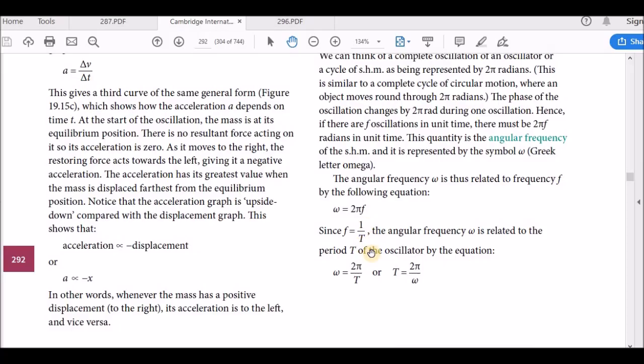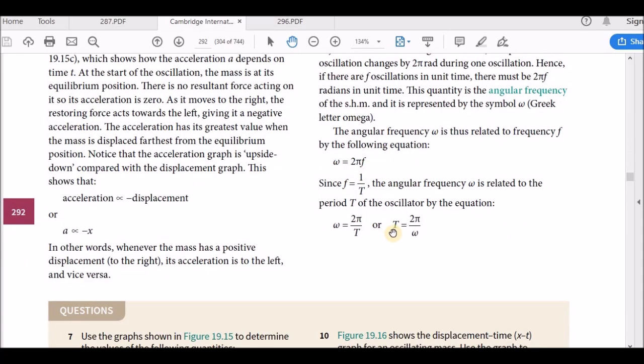Since f is equal to 1 over T, the angular frequency omega is related to the period T of the oscillator by the equation. So for f we can substitute 1 over T, then we get 2 pi over T. You have to know this equation also. You have to know this one, then from this you can figure out these two. So very important, you can note this down. This is the other equation you have to know: omega equals 2 pi f. All these equations are very important.